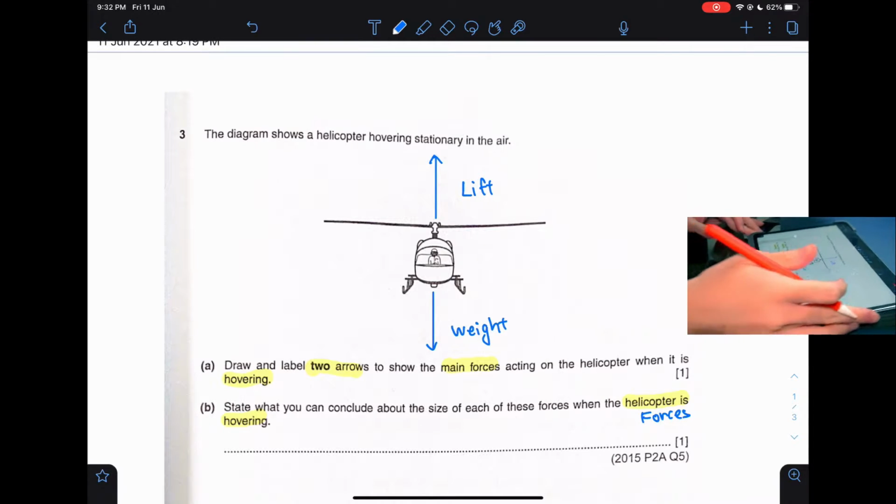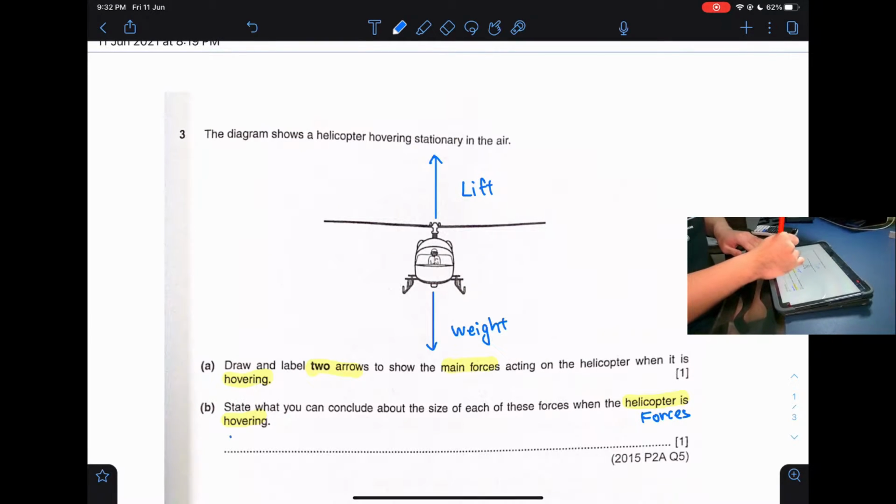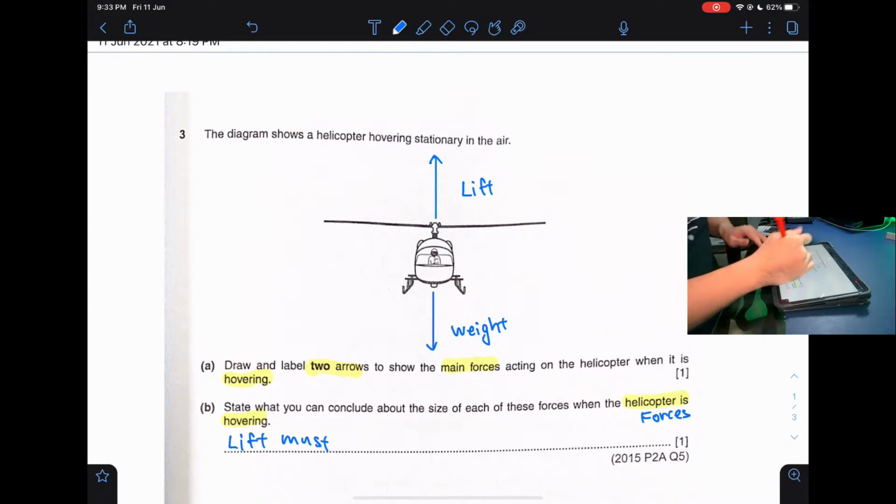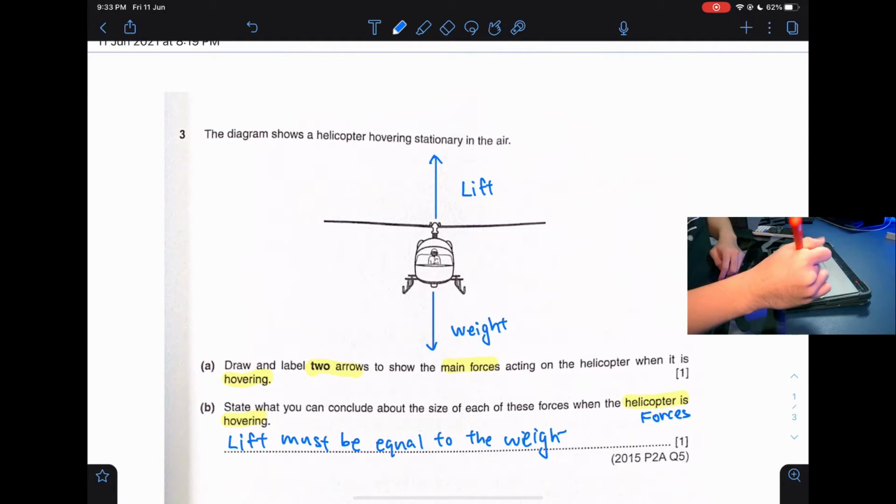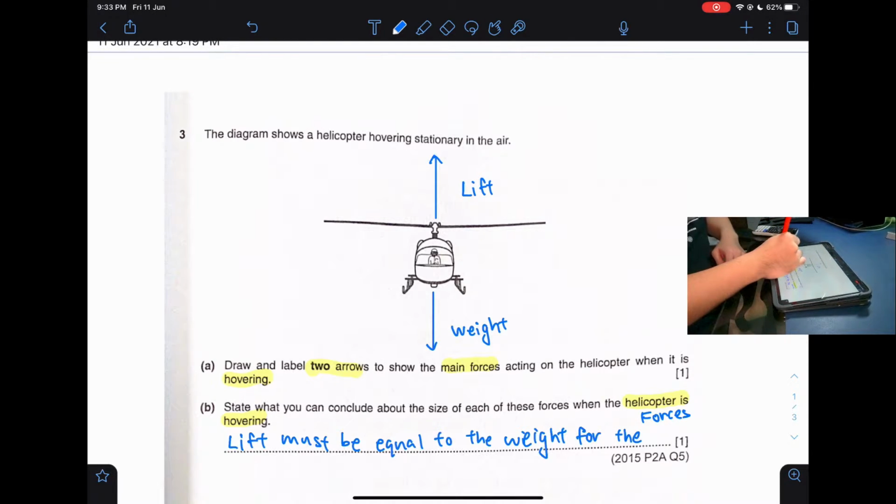So for this, we need to conclude that the lift must be equal to the weight for the helicopter to hover.